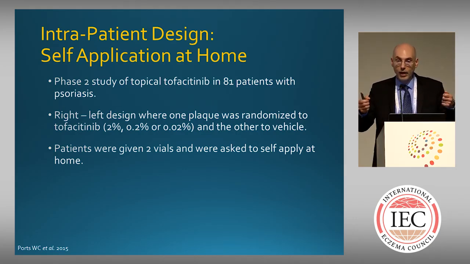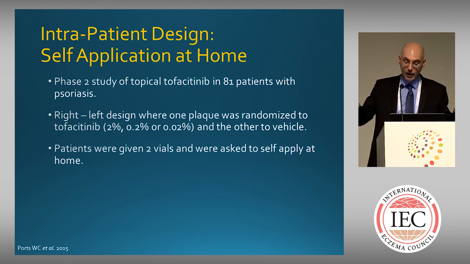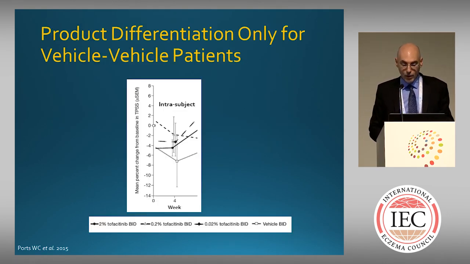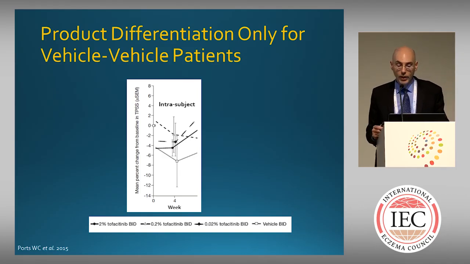They were given 2 vials, were sent home, and were told to apply vial A on plaque A and vial B on plaque B. The primary endpoint was at week 4, and when we looked at the data at week 4, we didn't really see efficacy. There was no difference between vehicle and active treatment.